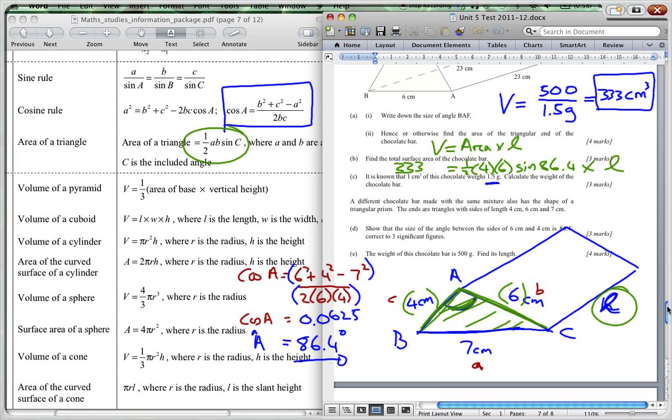And I get 27.83. So my length is equal to 27.83, which I would round to 3 significant figures. That will be 27.8 centimeters for your answer.